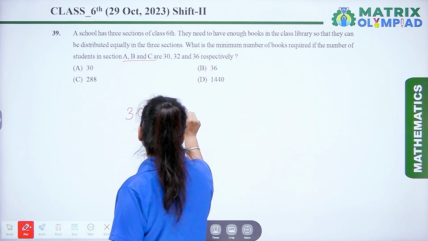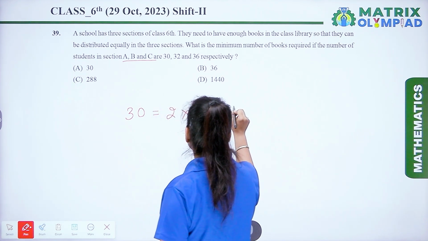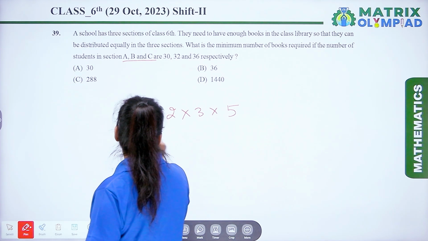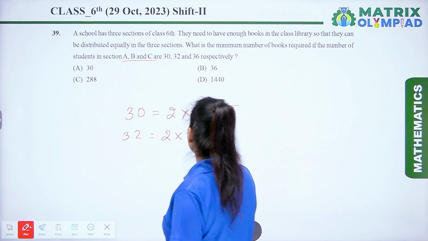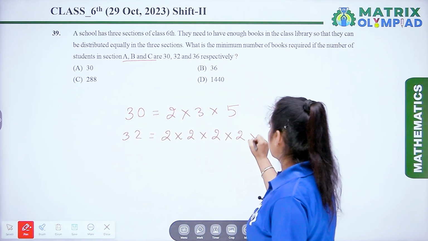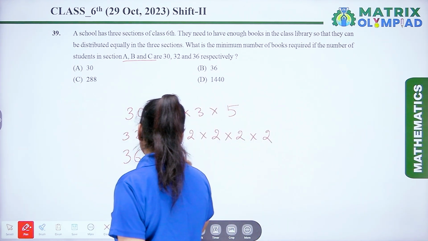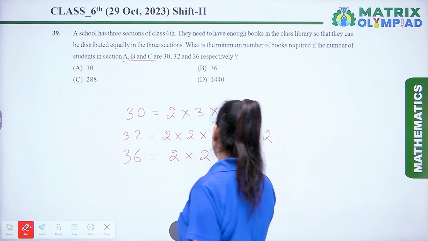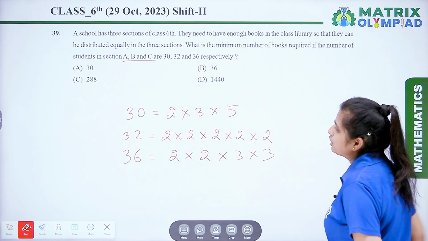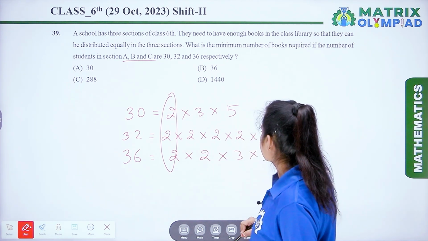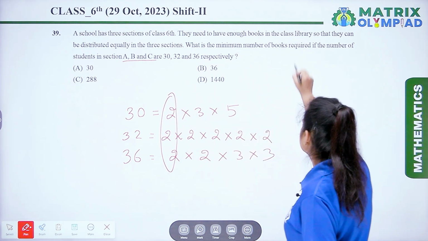So here 30 is 2 multiplied by 3 multiplied by 5. 32 is 2 multiplied by 2 multiplied by 2 multiplied by 2 multiplied by 2, and 36 is 2 multiplied by 2 multiplied by 3 multiplied by 3. So here the common factor is 2 and nothing else.